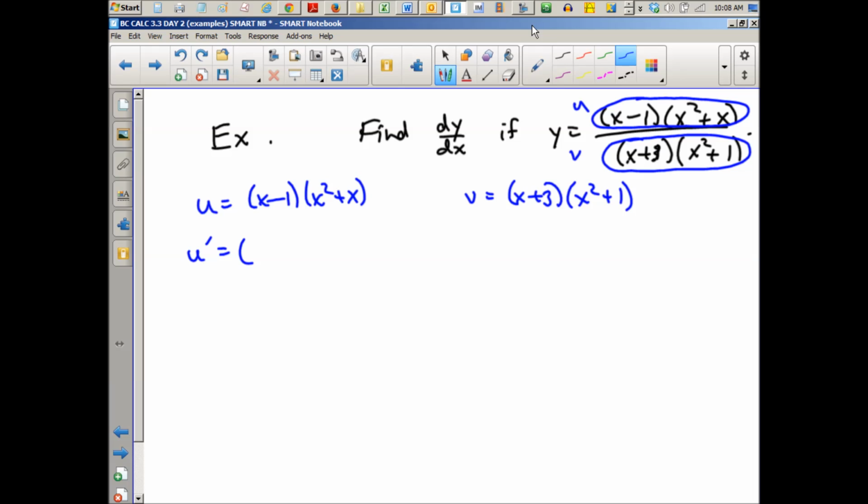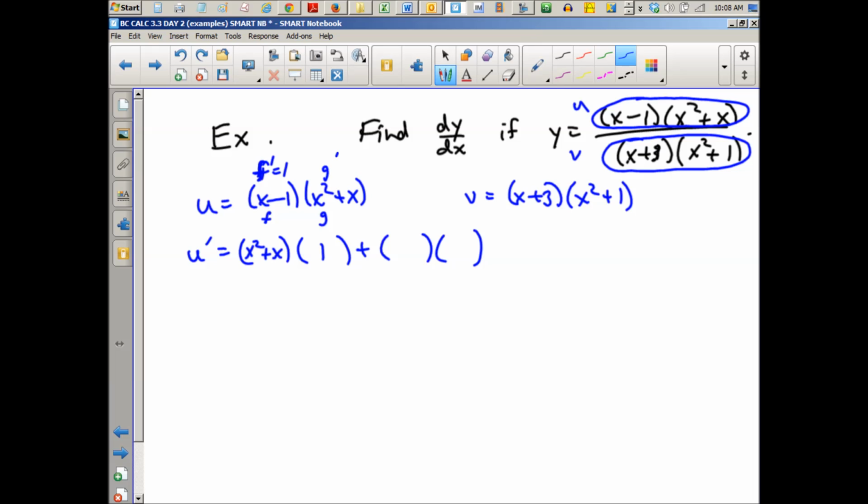U prime is going to be a 4-part ordeal because we're dealing with a product. So this is now like f and g, see? To get the derivative of u, I need to apply the product rule. So first I start by taking g times f prime. Well, f prime is just 1. The derivative of x minus 1 is simply 1.